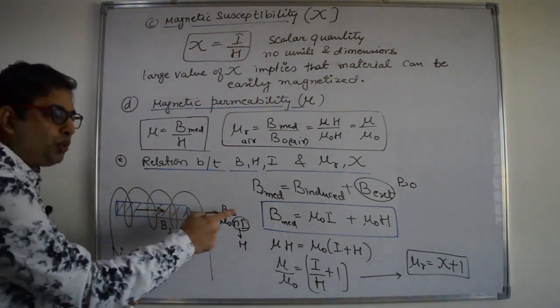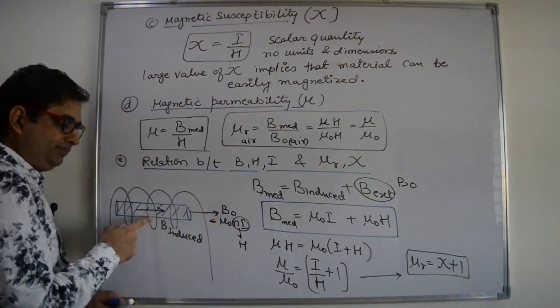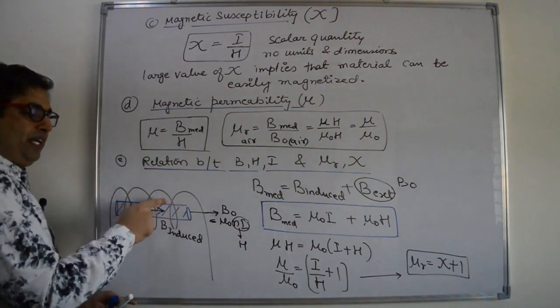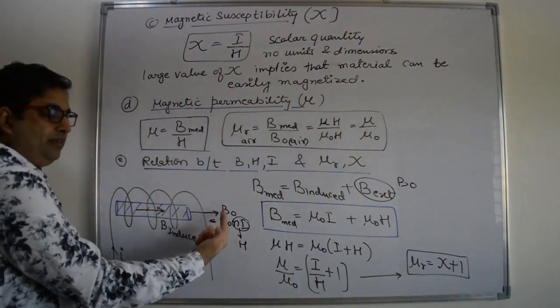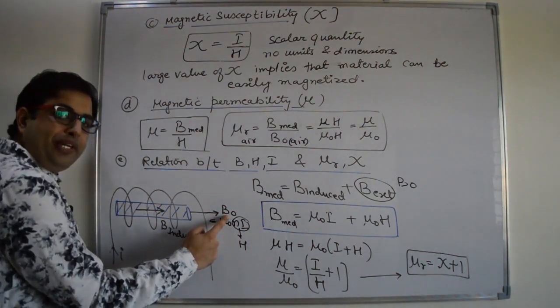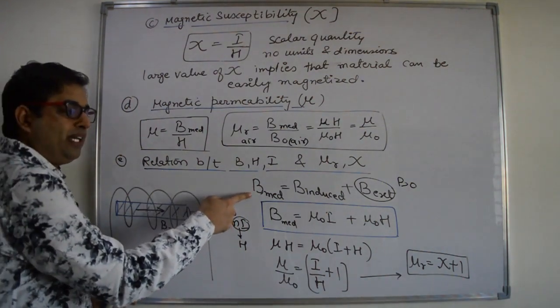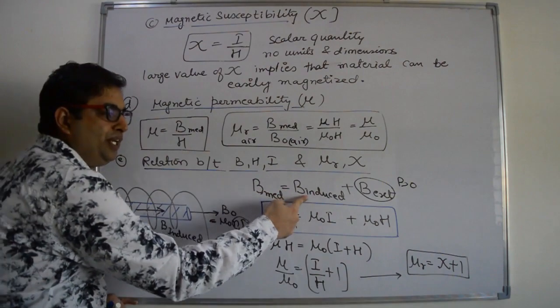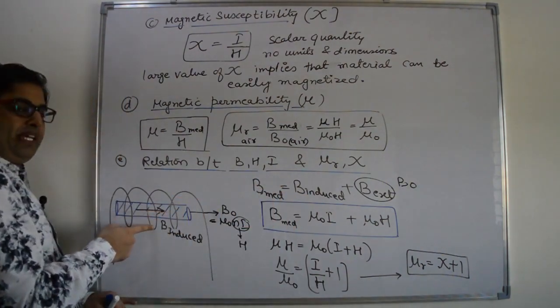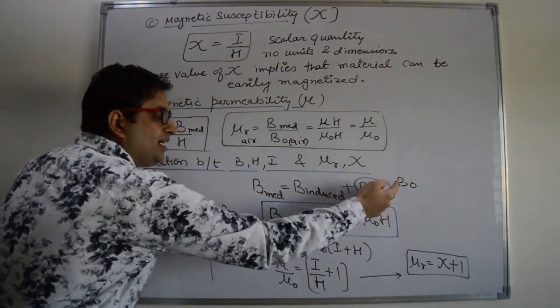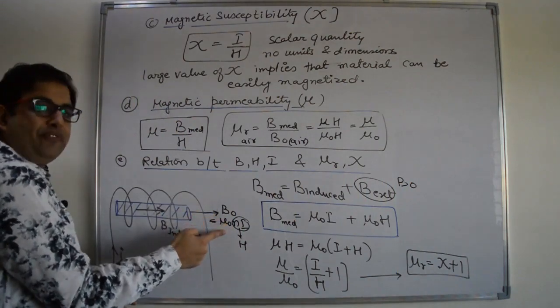So what is the total magnetic field inside the material? Total magnetic field inside the material is the magnetic field due to the solenoid plus its own magnetic field. So total magnetic field in the medium is induced, its own magnetic field, plus external, the solenoid magnetic field.